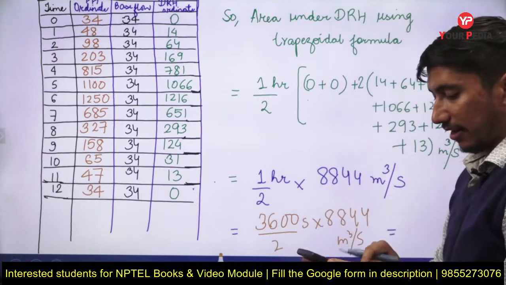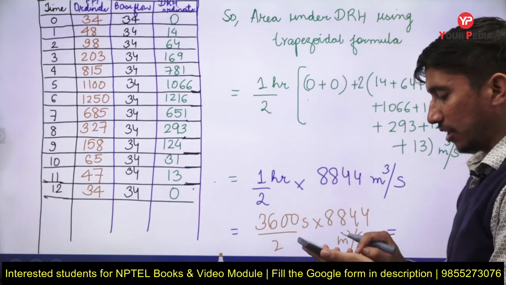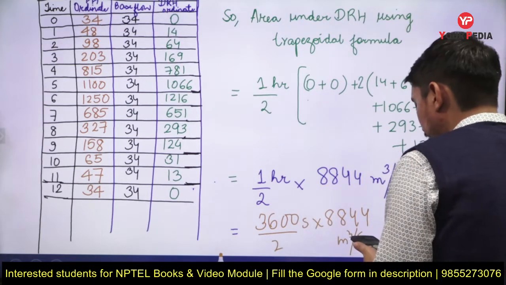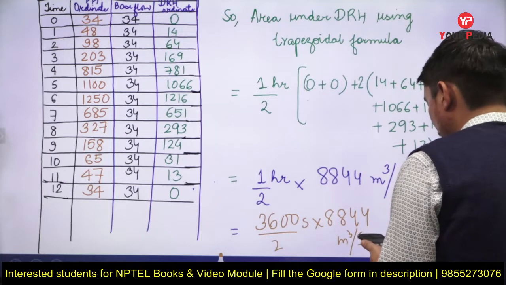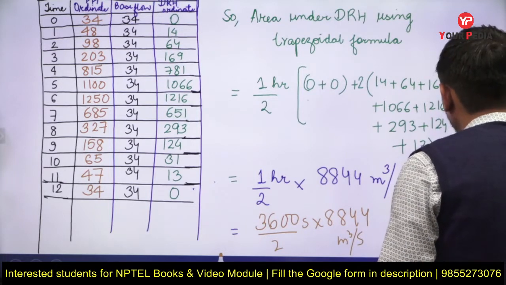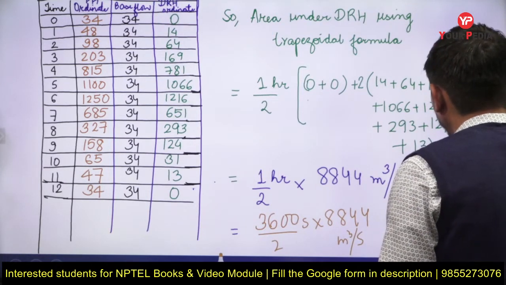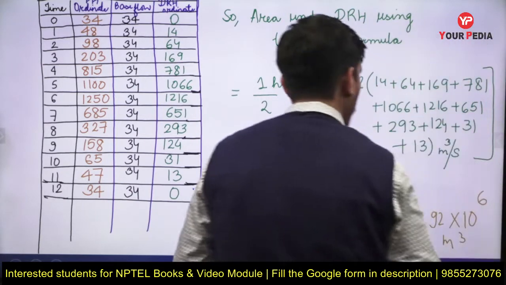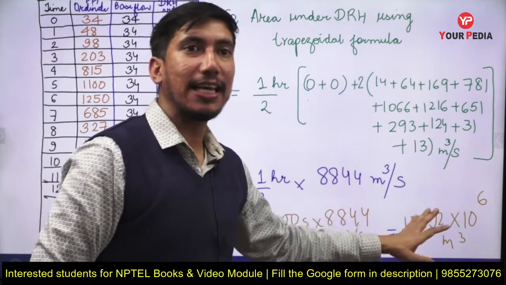From here I can write 3600 divided by 2 into 8844, which will be equal to 1591 into 10 raised to power 6, or 92, I can also write, meter cube. So this is the area under the DRH.